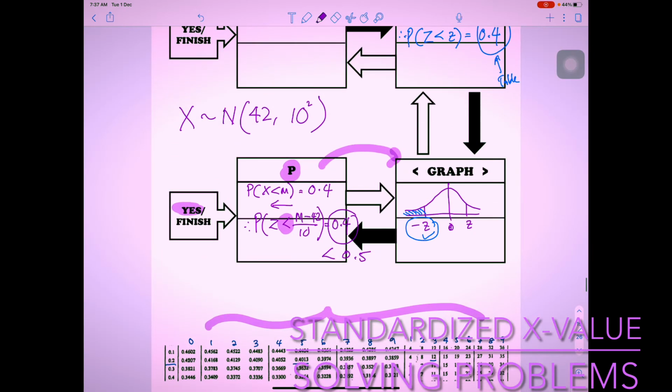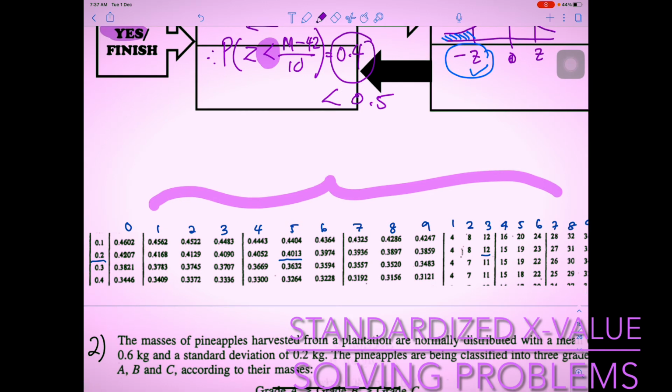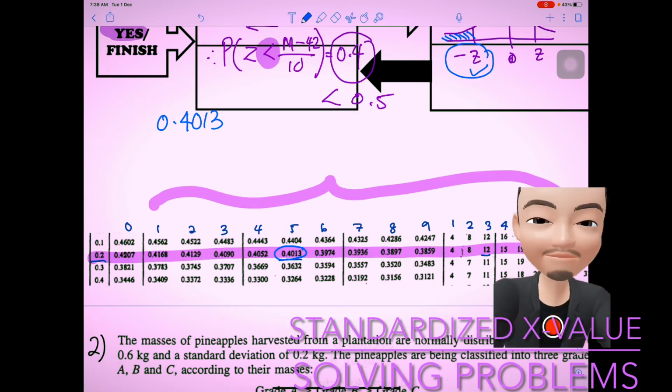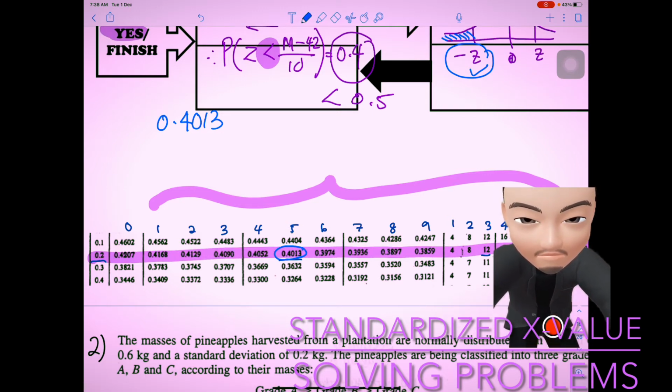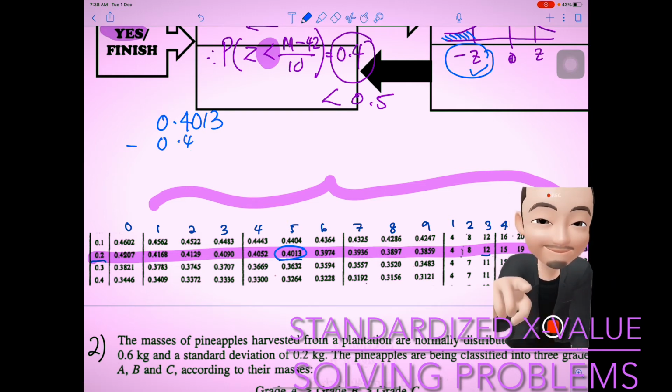If you look here, 0.4, the area nearest to 0.4 is 0.4013, and I highlight this. Then 0.4013 minus 0.4000.